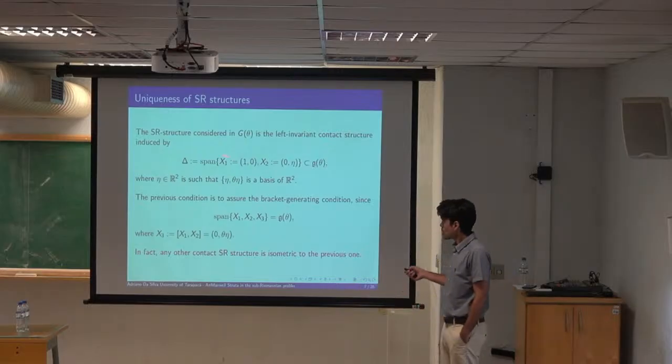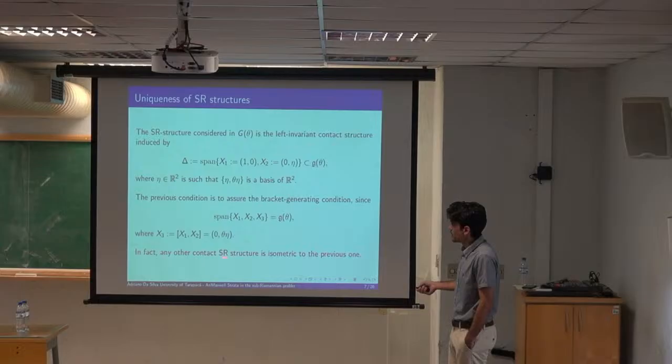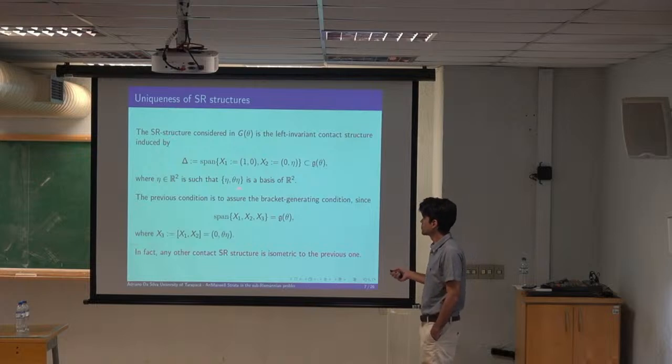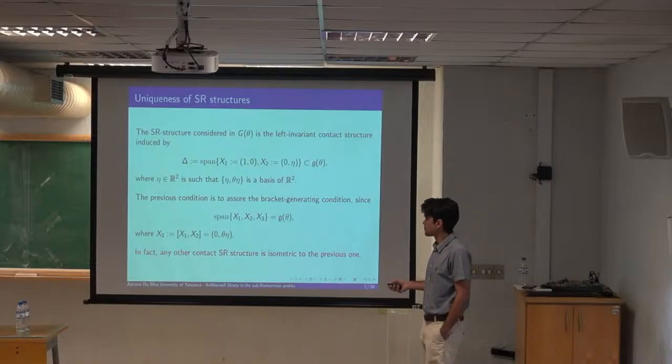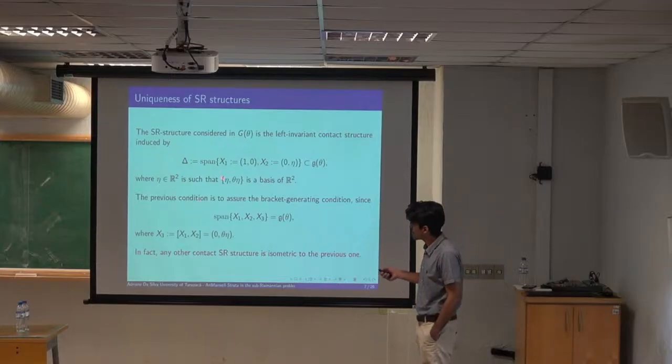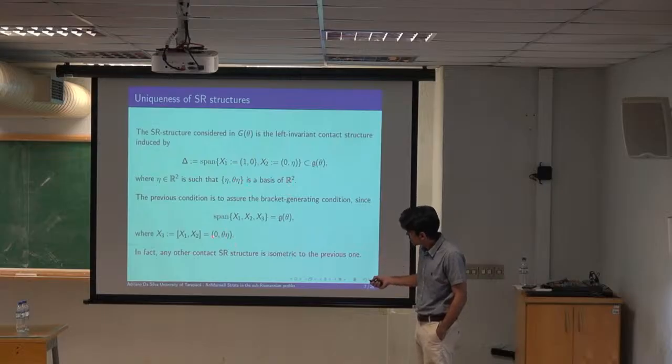So all the sub-Riemannian structures that we have are isometric to this one with a fixed eta by rescaling. This condition is to assure the bracket generating condition. If you ask for x1, or for eta and theta, to be a basis of R2, it's because the bracket of x1 and x2 has this expression.